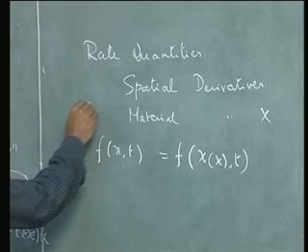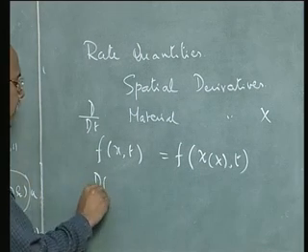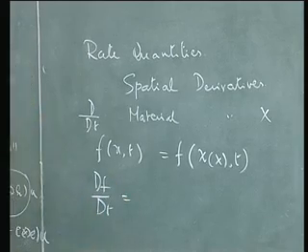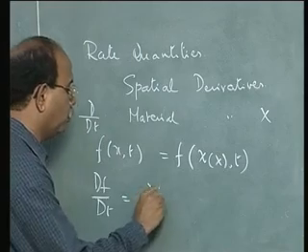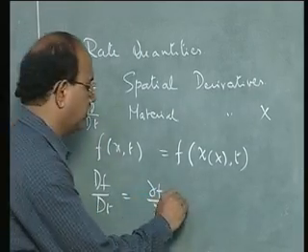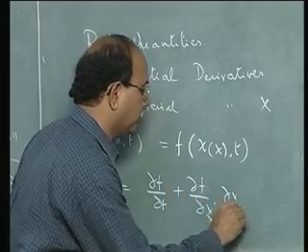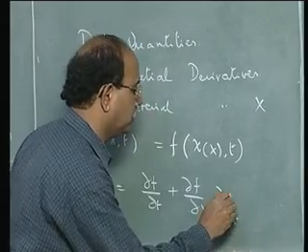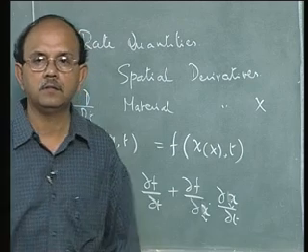As I told you in the last class, we usually write that as capital D by Dt. So D f by Dt, which is the material derivative of f, by chain rule is written as dou f by dou t plus dou f by dou x into dou x by dou t.